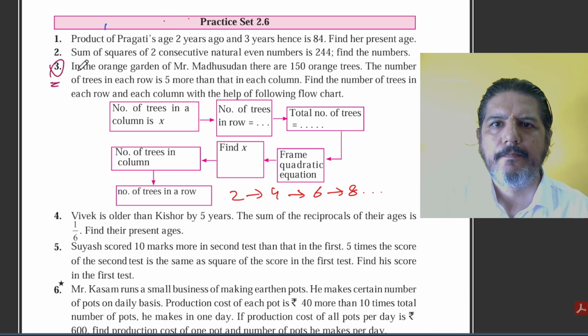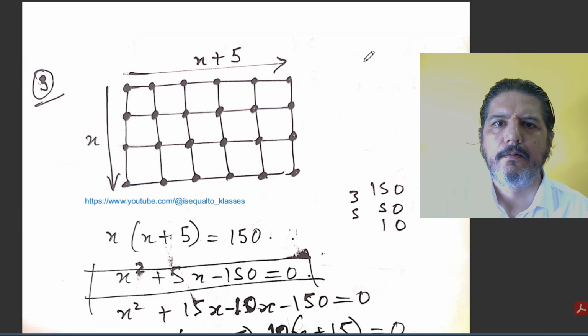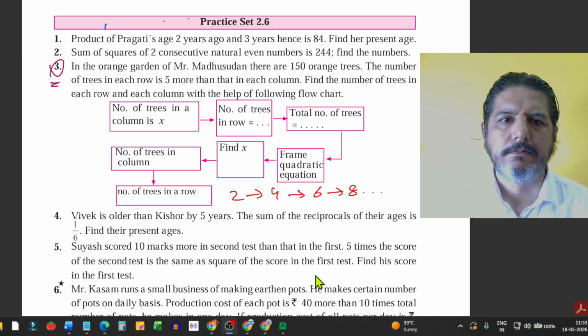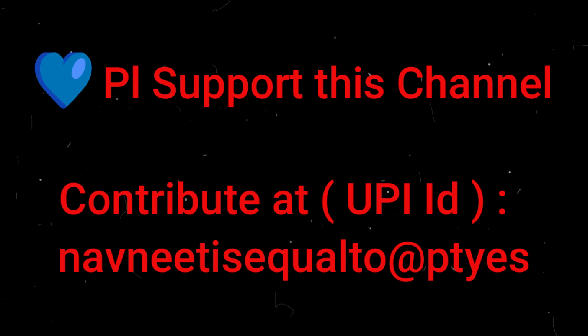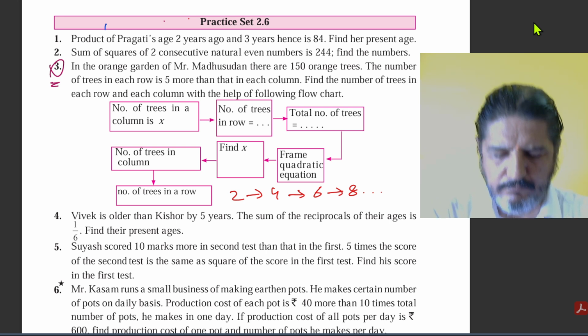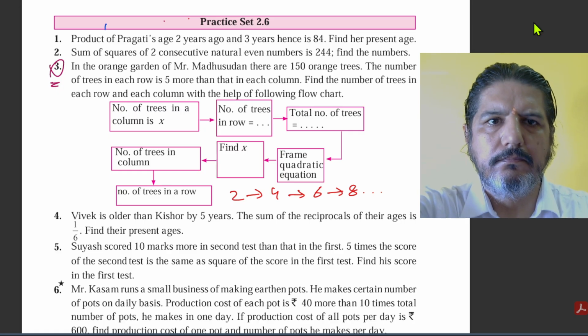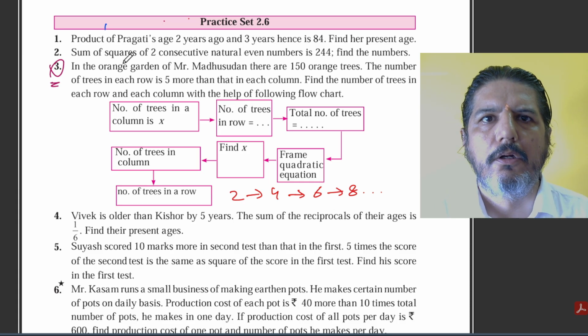Question number 3. So let's look at this question.